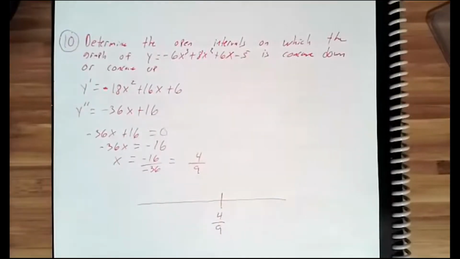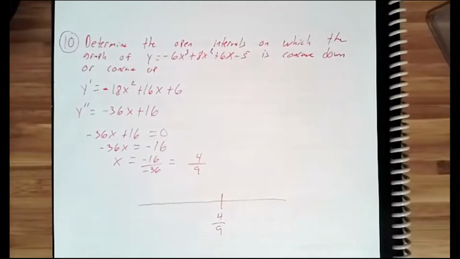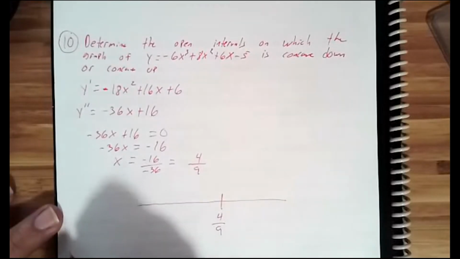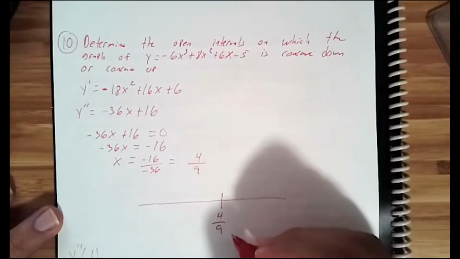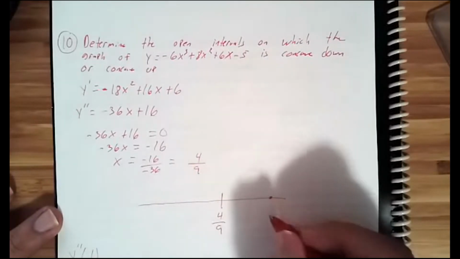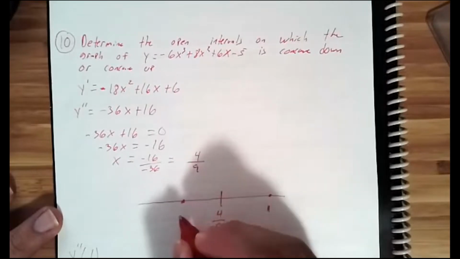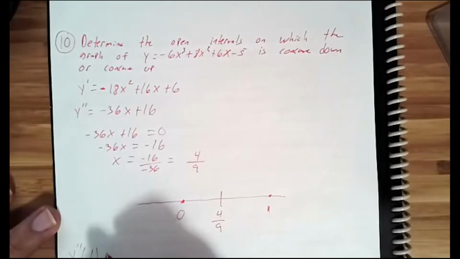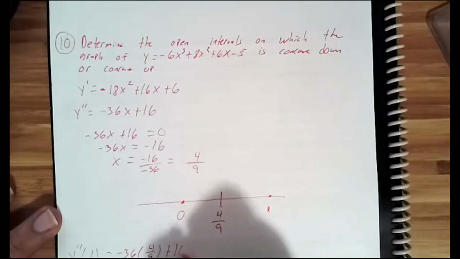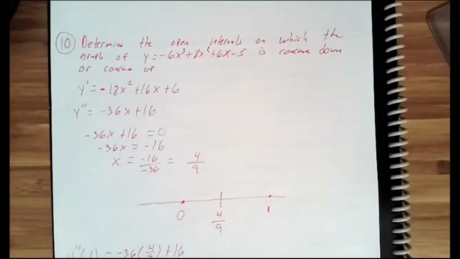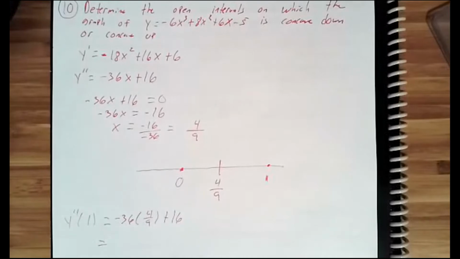So pick a number right after. So second derivative at 1. 4/9 would be less than 1, so I'm going to pick 1 right there. And 0. So double derivative will be negative 36 times 1 plus 16. Will that be positive or negative?